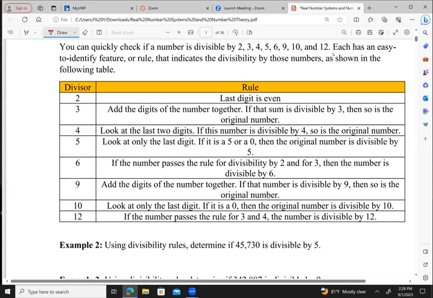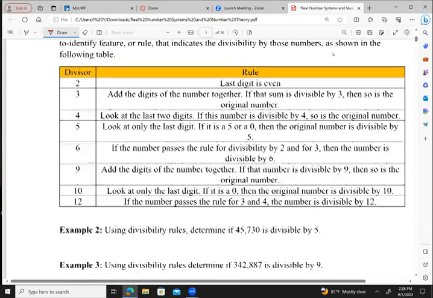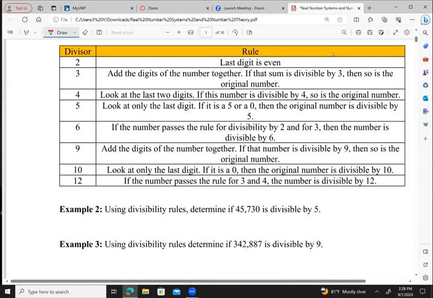To determine if a number is divisible by 3, add the digits of the number together. If the sum is divisible by 3, then so is the original number. To test for divisibility by 4, look at the last two digits. If this number is divisible by 4, so is the original number. To test for divisibility by 5, look at the last digit, only the last digit. If it's a 5 or a 0, then the original number is divisible by 5.